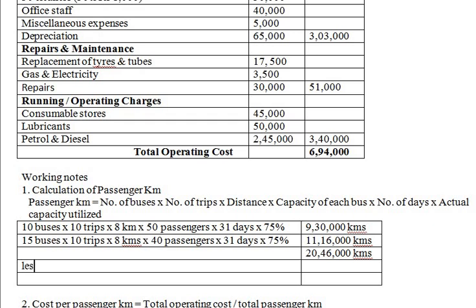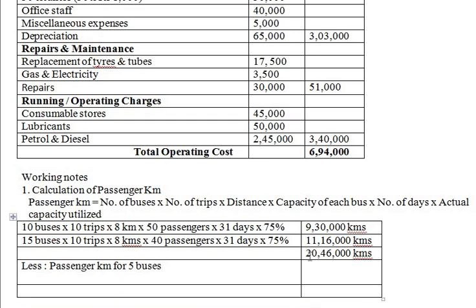So here, less passenger kilometer for 5 buses. Now how are we going to calculate this? Now this is for 25 buses. For 25 buses, 20,46,000 passenger kilometer. Now for 5 buses, how much? So like that we are going to calculate.